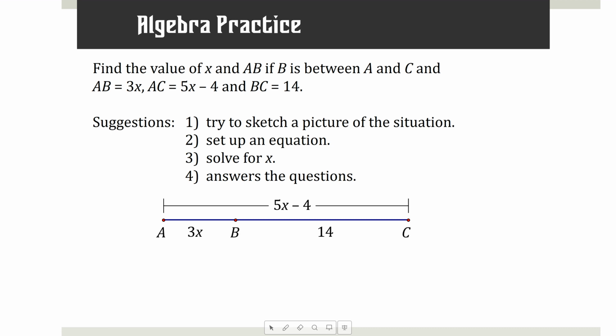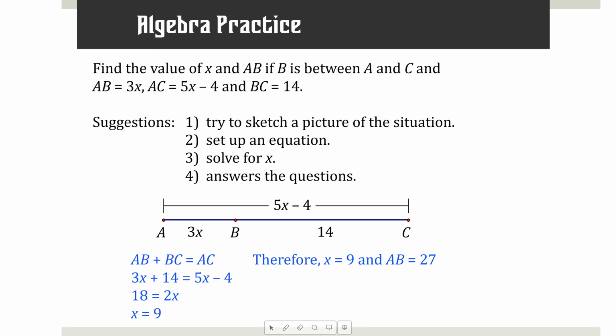Based on what we talked about in the previous slide, the two little guys add up to be the big guy, so you would get that equation: AB plus BC equals AC. For those of you that are visual learners, the two little guys added together have to be equal to the big guy. 3x plus 14 equals 5x minus 4, so x equals 9.